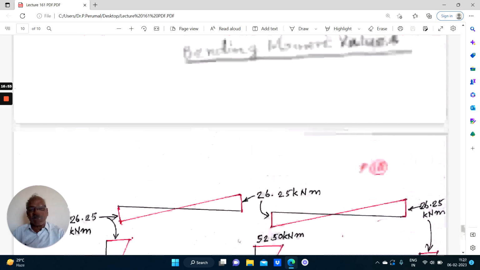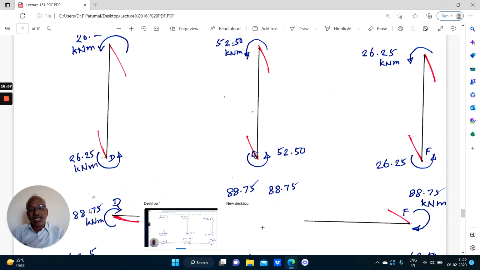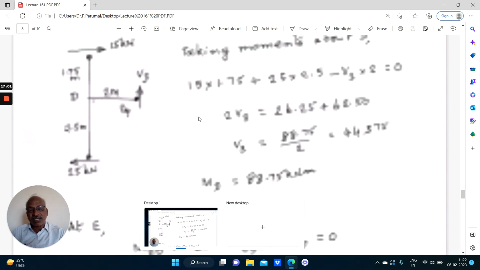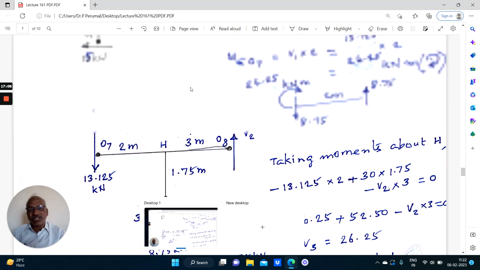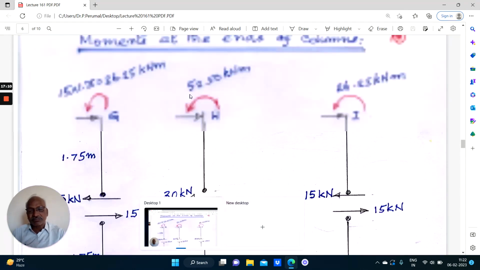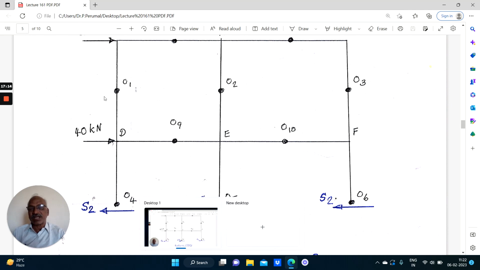Now we have to discuss, however, because in the examination you have to show the calculations. That is, what we do is, you have to take individual panels. In the frame, let us take this part.